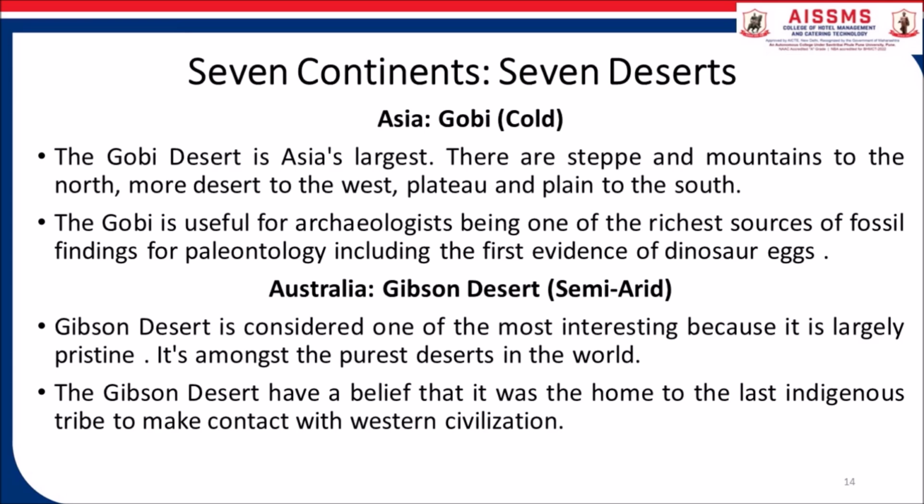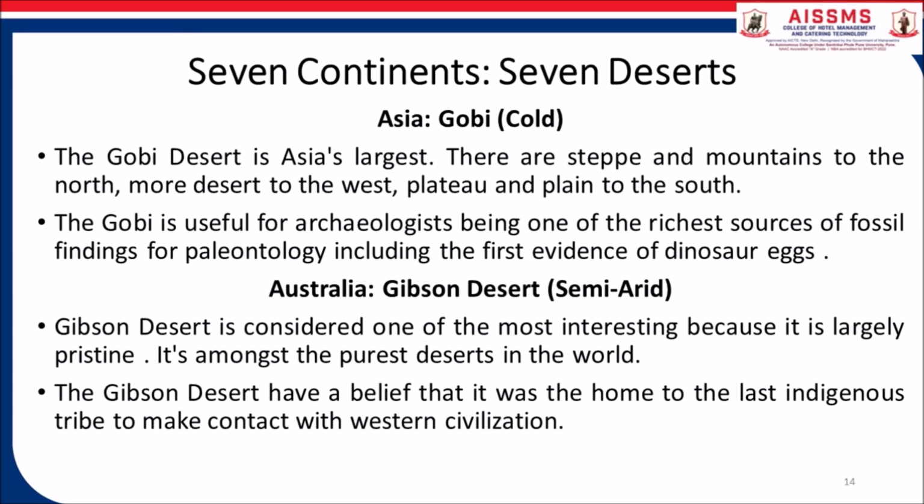The Gobi is useful for archaeologists as with any desert, but it's also been one of the richest sources of fossil finding for paleontology, including the first evidence of dinosaur eggs.